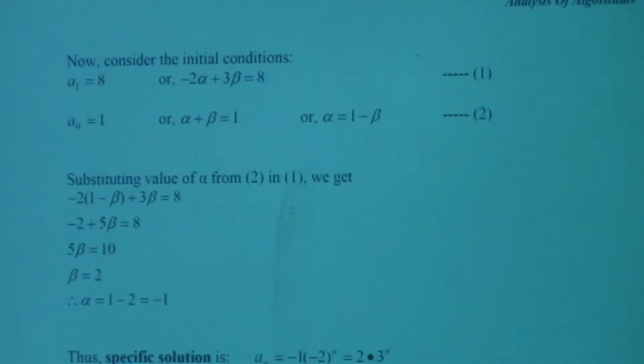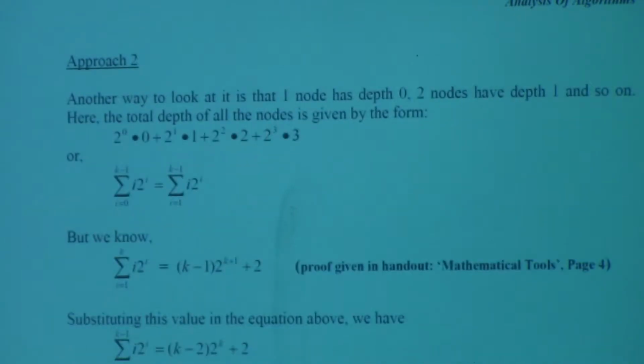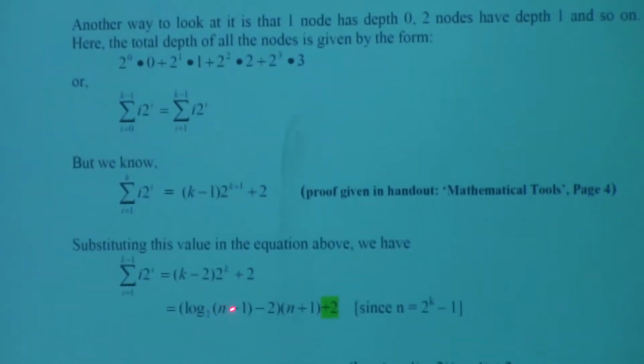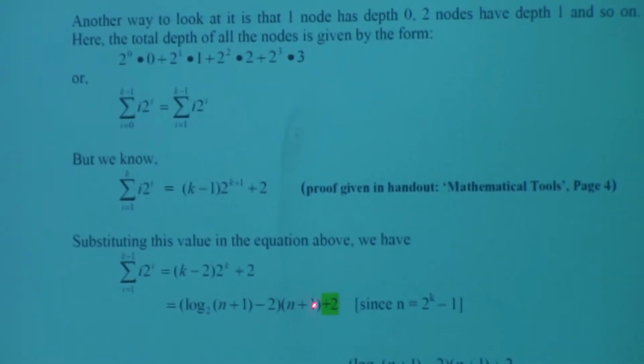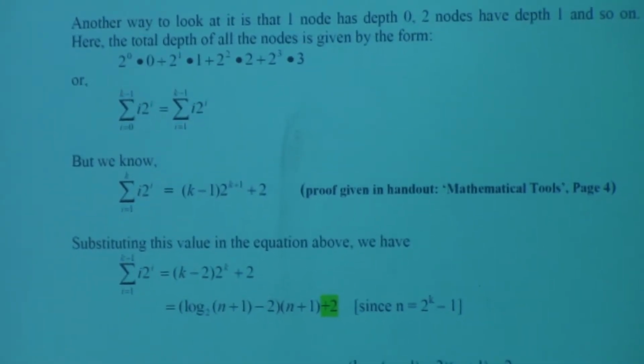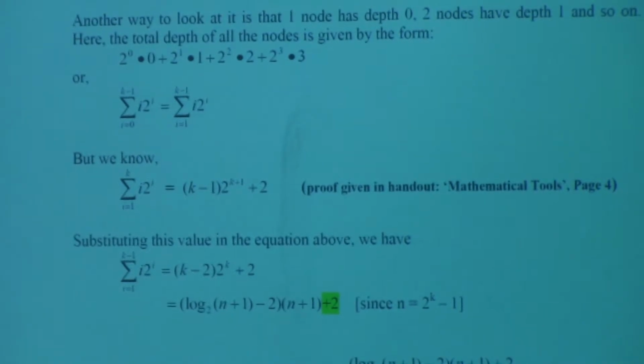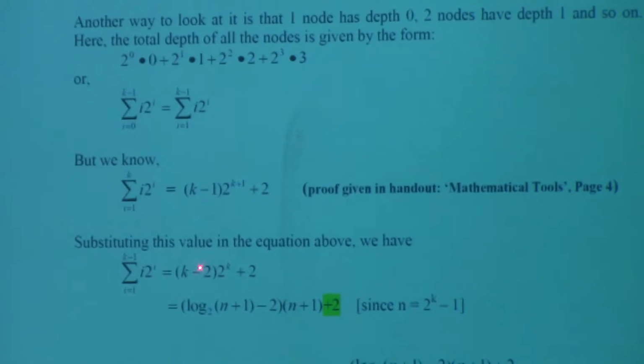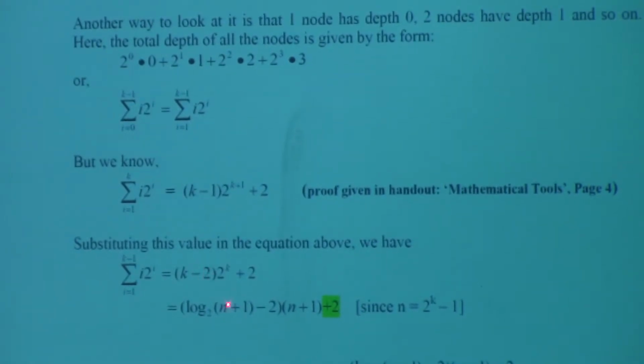So what we're going to do is replace k. 2 to the k is 2 to the value of k, and what is k again? Log base 2 of n. So the result becomes (log base 2 of (n plus 1) minus 2) times (n plus 1), plus 2. Converting from k to n gives us this result.